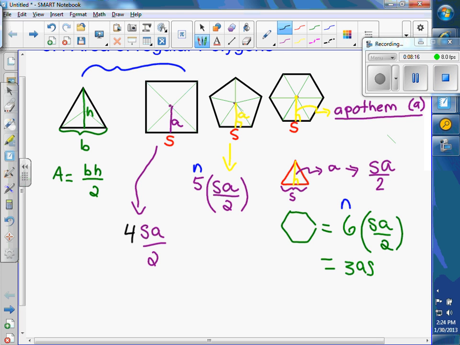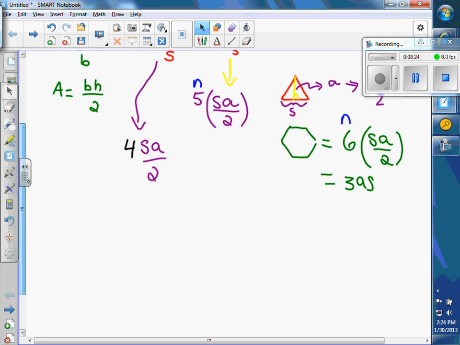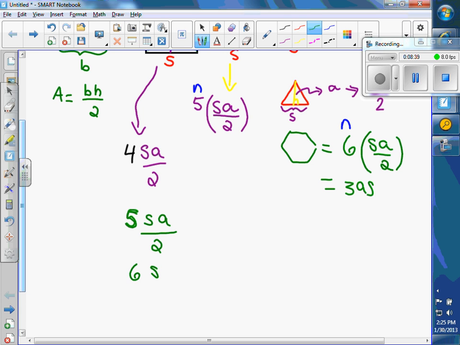And in all 3 of these formulas, looking at a pattern, we had 4 SA over 2, and then 5 SA over 2, and the other one was 6 SA over 2.